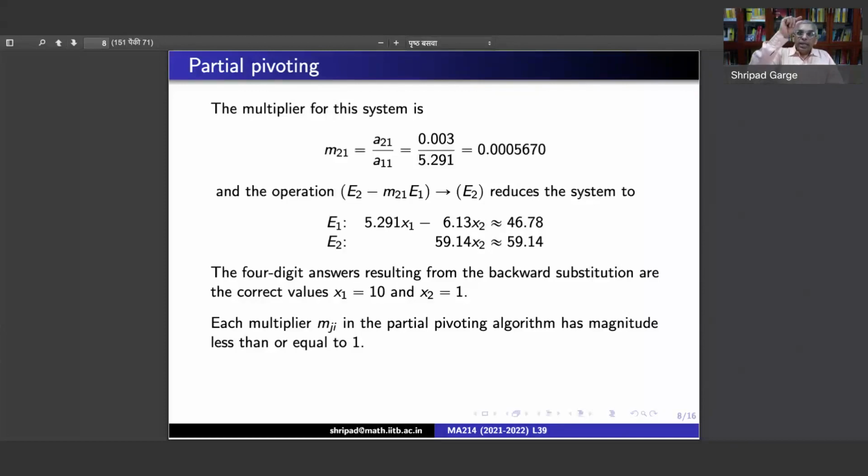So now your A11 has the largest magnitude among the whole first column, and therefore when you compute the multipliers, you will be dividing all the other entries by this largest entry, and therefore the multiplier MJI will have magnitude less than or equal to 1. There might be two entries with the same maximum magnitude, so some multiplier might be equal to 1, but otherwise it will be less than 1.